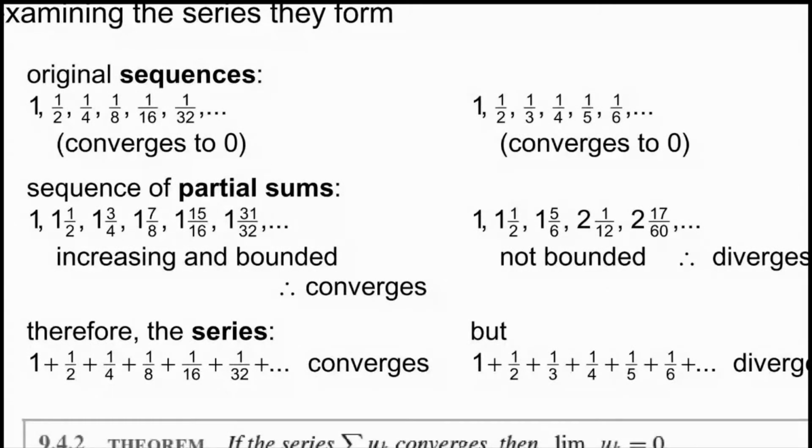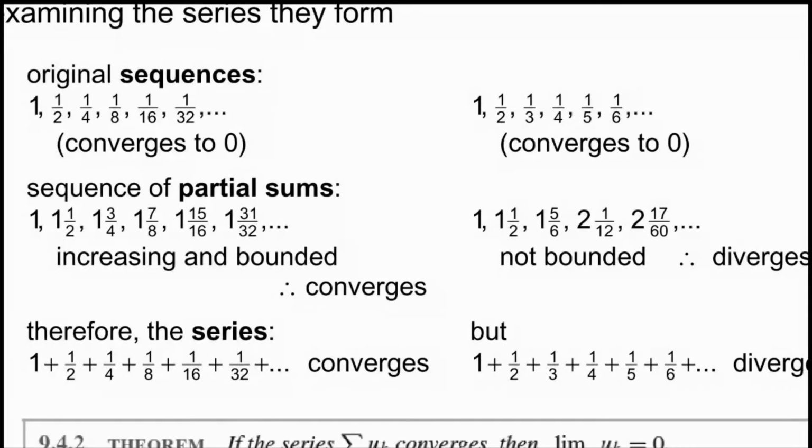So if I were to go through and add a few of the terms together, you can see with the sequence on the left, the partial sums look like they're approaching a value of 2. If I look at the sequence on the right, the partial sums keep getting bigger and bigger. It looks like maybe I'm approaching something, but if I kept listing them out, you would see eventually that the sum keeps getting larger and larger.